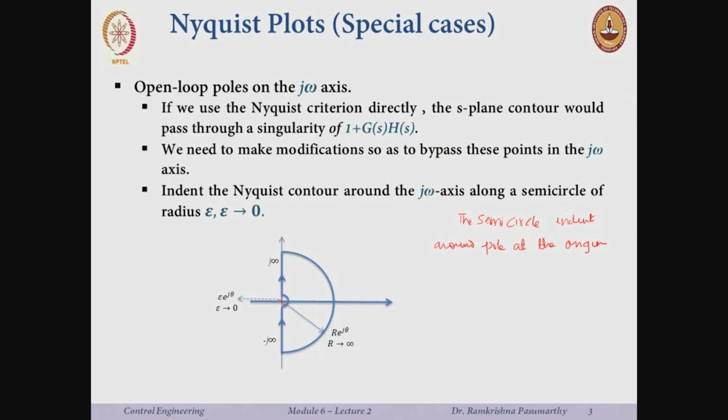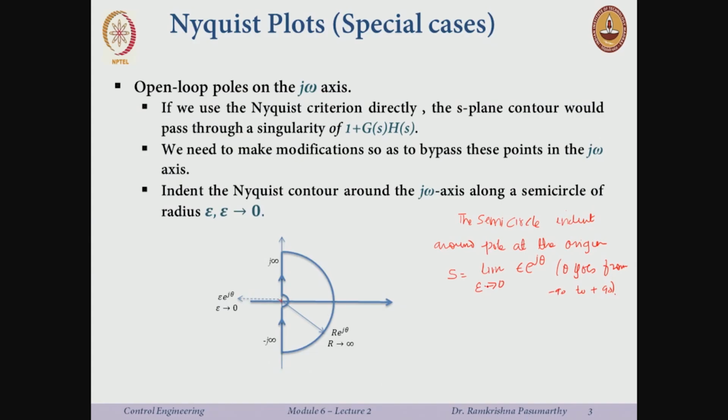I draw a little semicircle, and S would now be, in the limit epsilon going to 0, epsilon e power j theta, as theta goes from -90 to +90. Then we put this back into the plot and see how the plot goes.